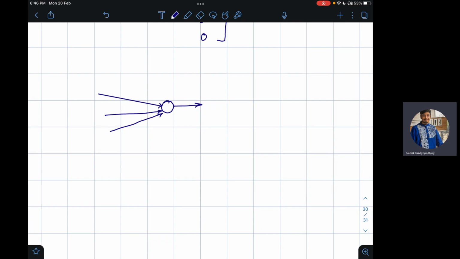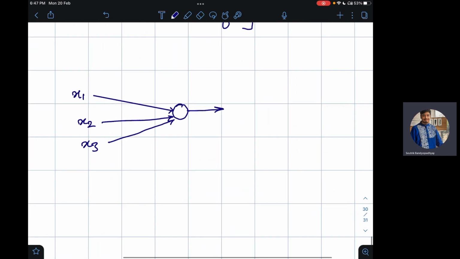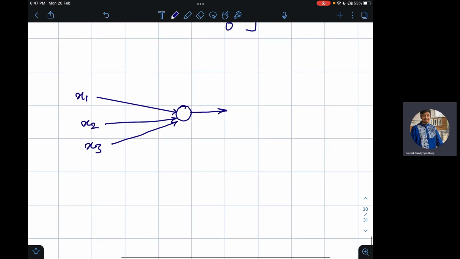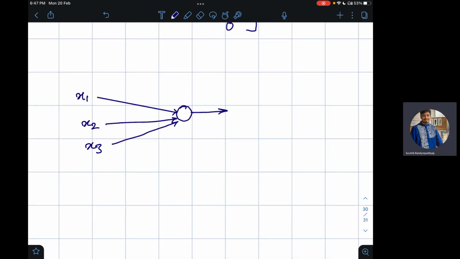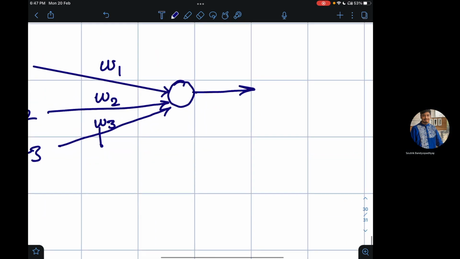Let's say I have some inputs x1, x2, and x3, which are coming into this node. Now, what neural networks or neurons do is they take some weights, which are W1, W2, W3, which are nothing but parameters.